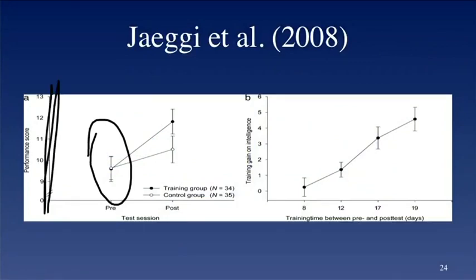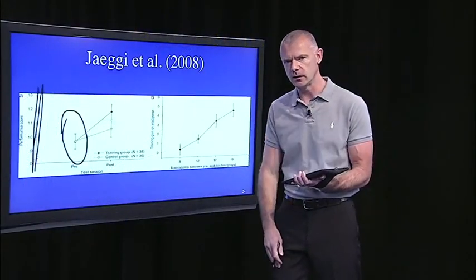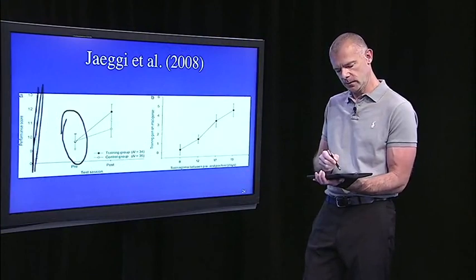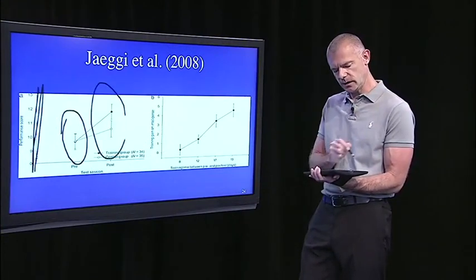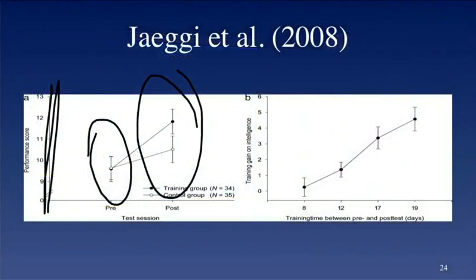So there's no difference between training and no training before the experiment began. That's not surprising. We had random assignment to conditions. It should be the case. What's interesting is this result here: people in the training group, their intelligence scores increased more so than subjects who were in the control group. Subjects in the control group went up a little.